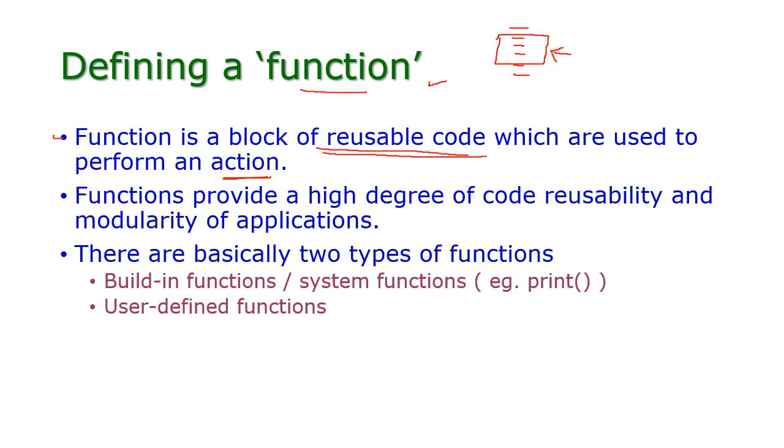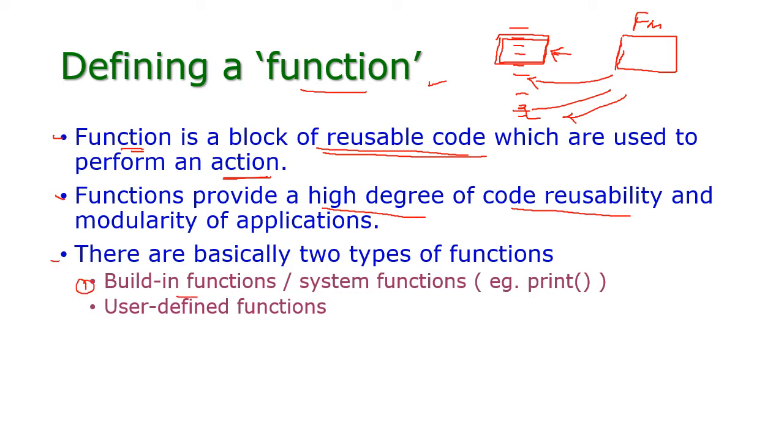Here we have to give a name for this block, and this is called a function. Functions provide a high degree of code reusability. That means this particular block of code will be repeatedly used in the program. That is, we can define this particular block as a separate function, and this function may be called in the program n number of times.